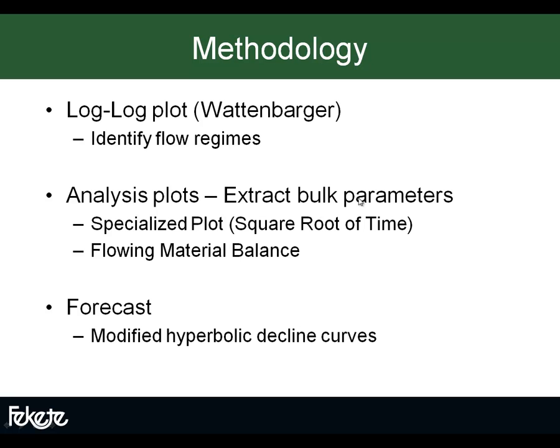And the bulk parameters are these cross-sectional area, square root K, product, and stimulated rock volume, skin, things like that. We're going to be able to extract those from the analysis plots. And then finally, the forecast is going to come from using modified hyperbolic decline curves. Now we're going to show how this all ties together as we go through.